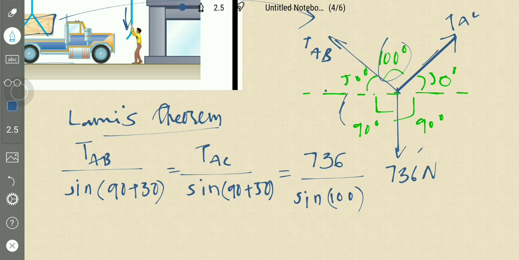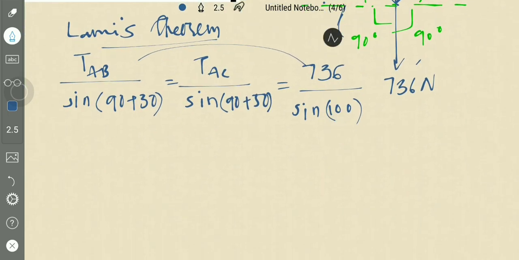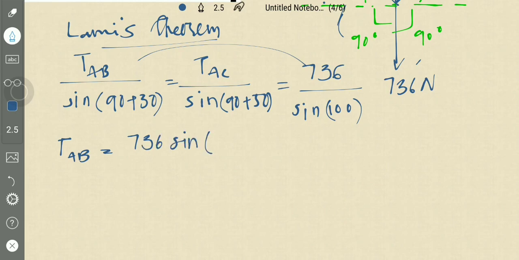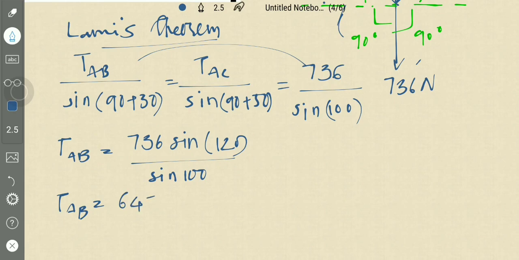If we consider these two, TAB becomes, TAB is equal to 736 sine 90 plus 30 is 120 divided by sine 100, which is equal to, TAB is equal to 647.23 newtons.